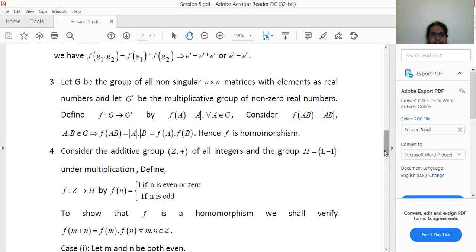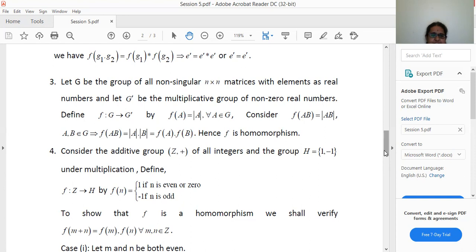The mapping f from Z to H, f(n), takes the value 1 if n is even or 0, and it will take the value minus 1 if n is odd. So the domain set is the set of integers with addition, whereas the codomain is the set H consisting of only 1 and minus 1, with multiplication.